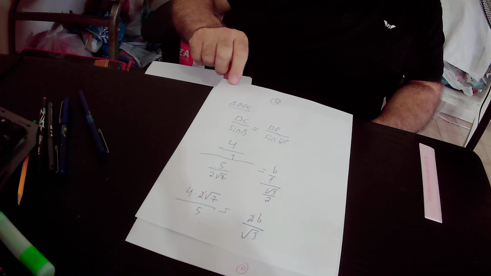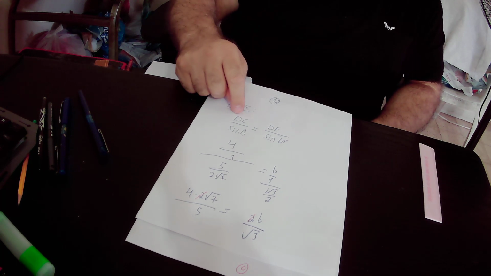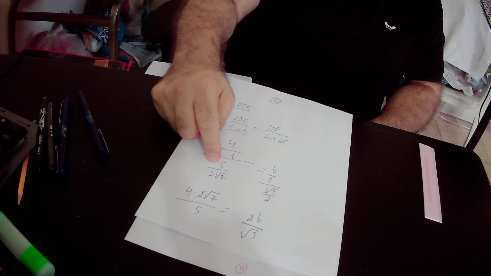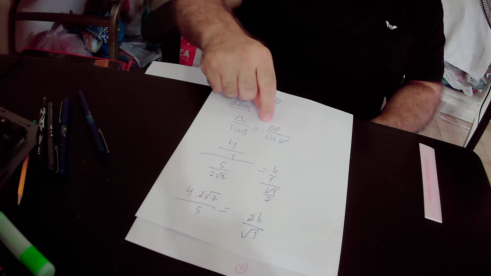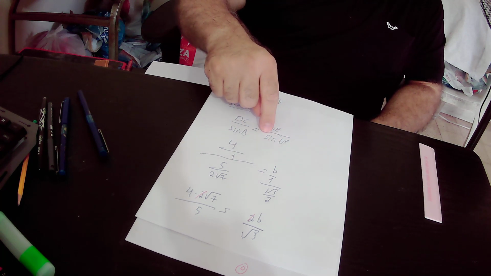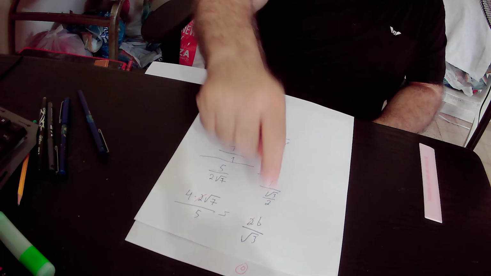Okay, and we know that DC equals 4 units, sine beta equals this expression, DE is the missing variable, is B, and sine 60 degrees equals root 3 over 2.